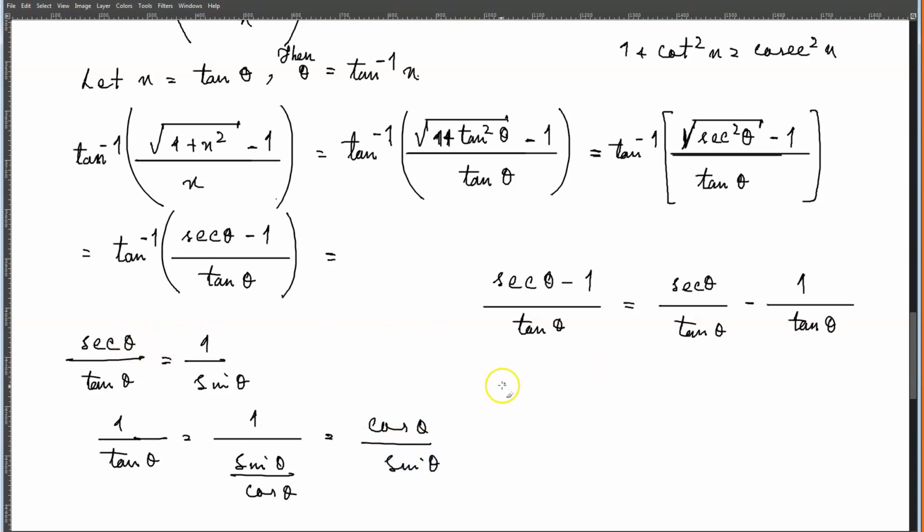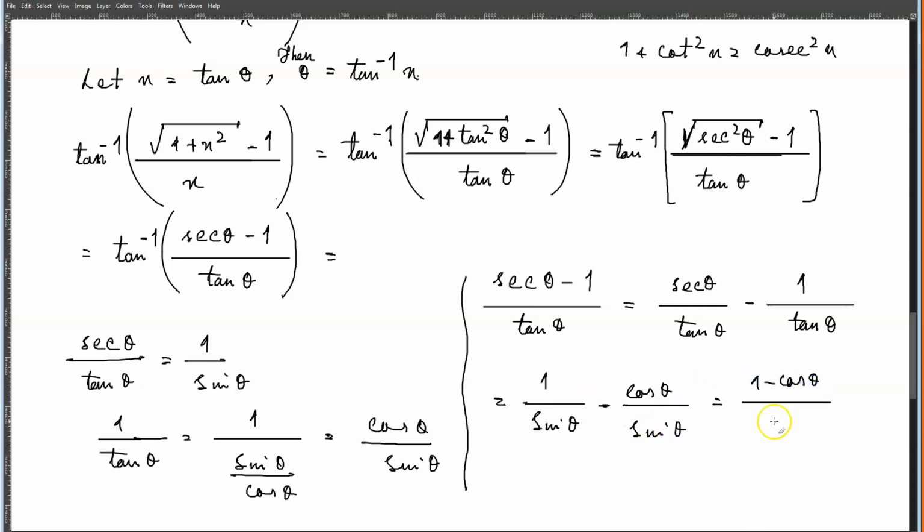So I can write this part, secant theta by tan theta, as 1 over sine theta, and 1 over tan theta as cos theta by sine theta. And again, I can put these two together. I can write it as 1 minus cos theta over sine theta.